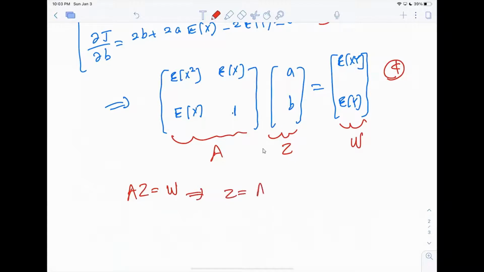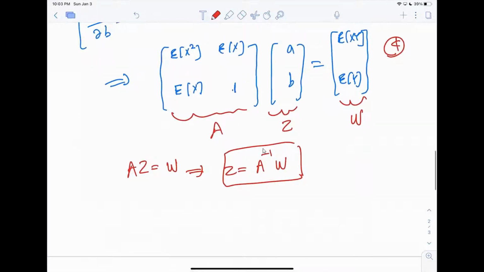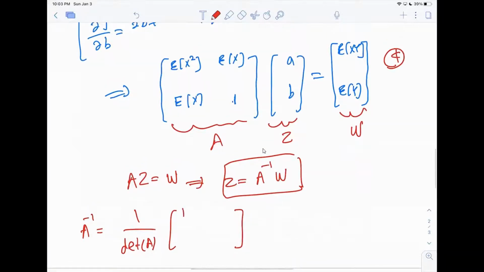Therefore, Z is equal to A inverse W. Okay, so we have good practice in finding the inverse of a 2 by 2 matrix. Let's apply that here right now. If A is this, what is the inverse of A? A inverse is equal to 1 over the determinant of A, swapping the elements of the main diagonal, you get E[x²], and then negating the elements of the other diagonal.